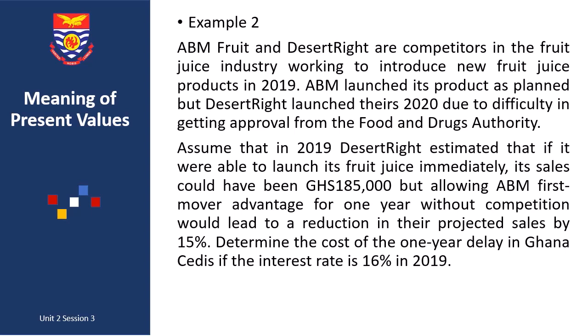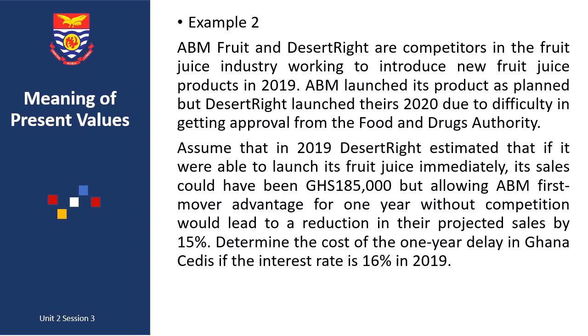I hope you understand. So because 2020 is 1 year ahead of 2019, we will have to discount the figure for 2020 to 2019 so that at least the figures will have the same value. They are all in the present condition.